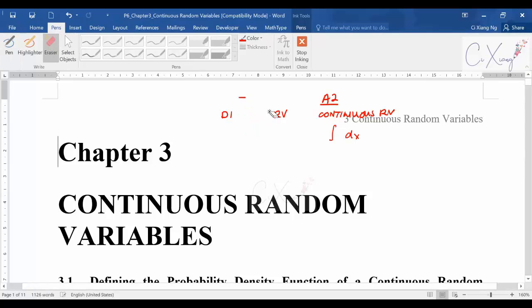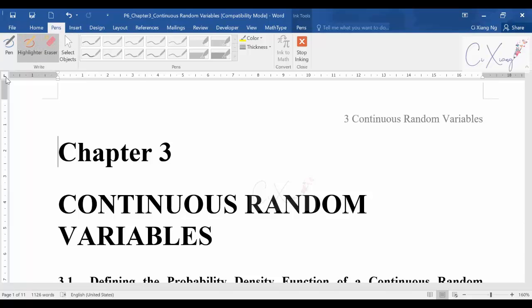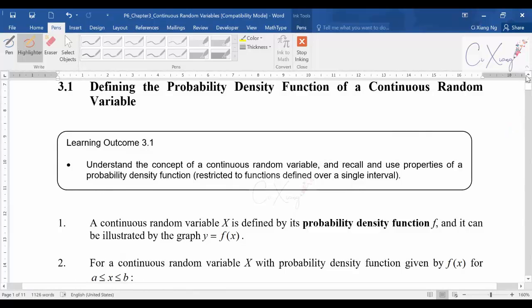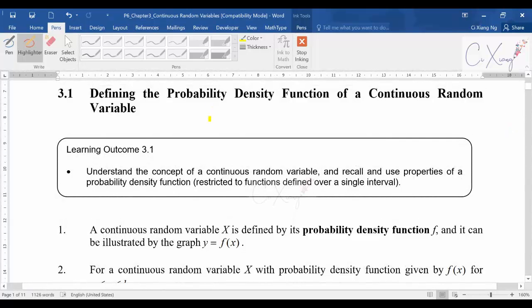Okay, so after we cover the continuous random variable, maybe only then I make a simple summary for you: what's the difference between the AS and A2? Okay, so let's start with a very brief introduction about the continuous random variable.